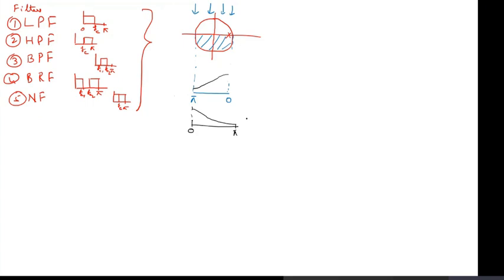Now one important thing to see over here is that at pi the amplitude response is not 0. That means it will allow a certain amount of the frequency to be passed through. What we have discussed previously is that the gain is a by root 2.